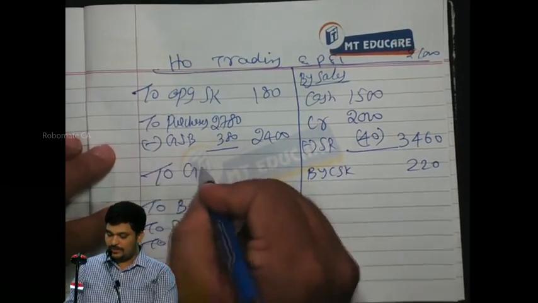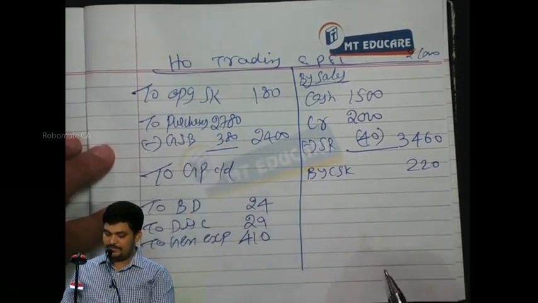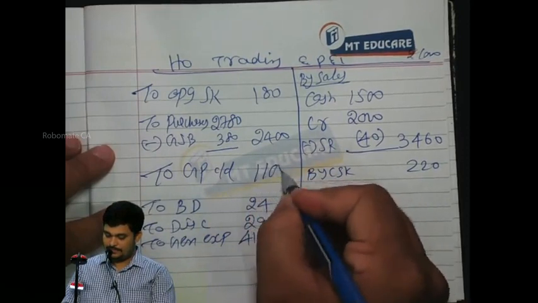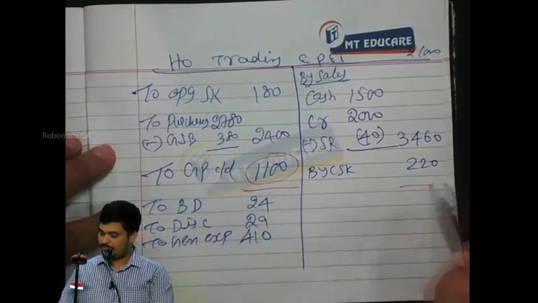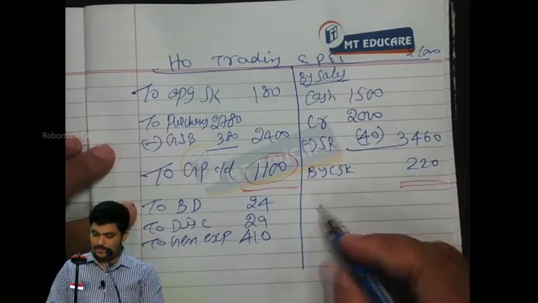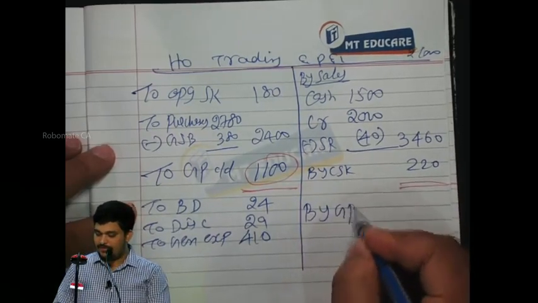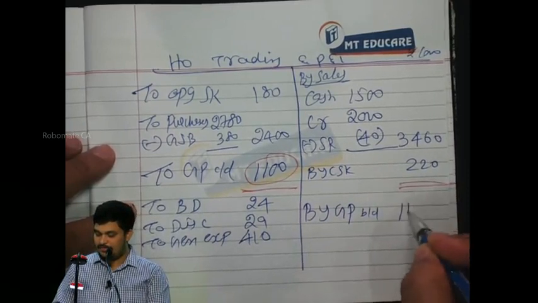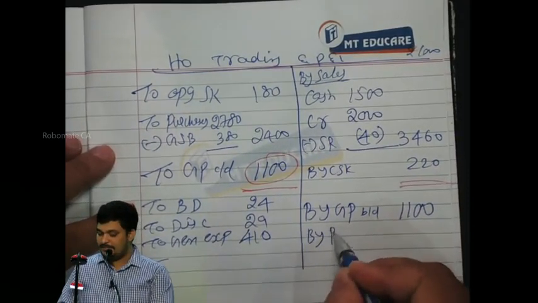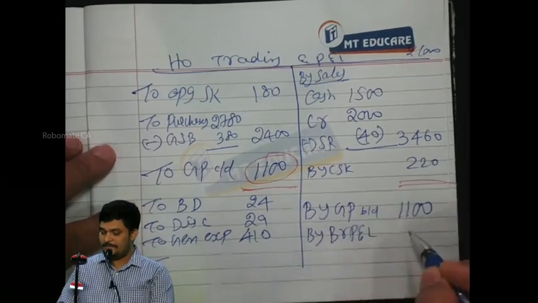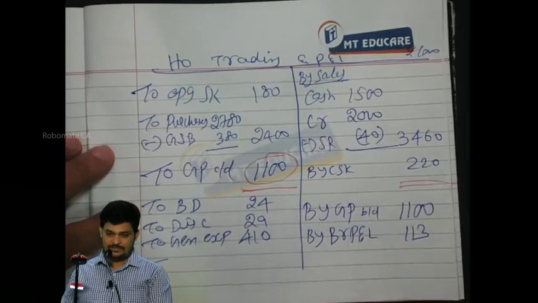So to gross profit carried down. By gross profit brought down 1100. By branch P&L 113.